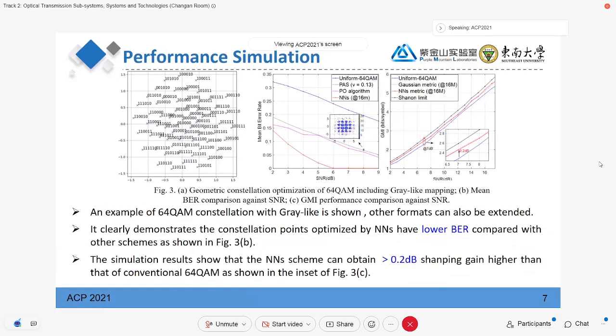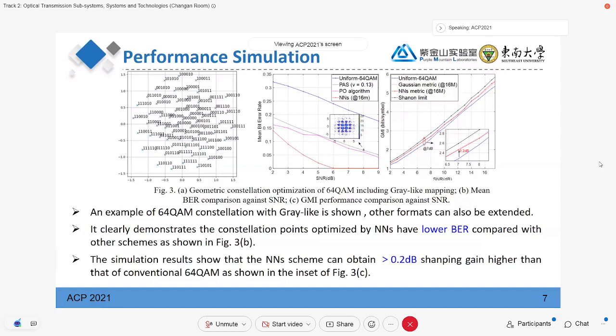How do you obtain the Gray-like mapping when you use the neural networks? Second question is, do you use PRBS data or a random function in MATLAB?